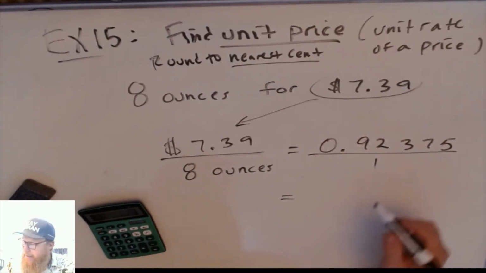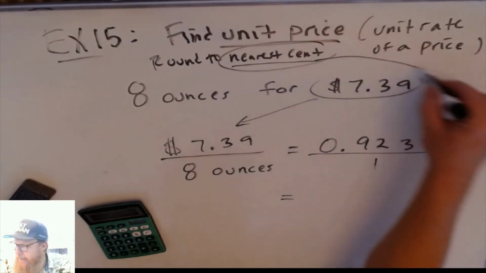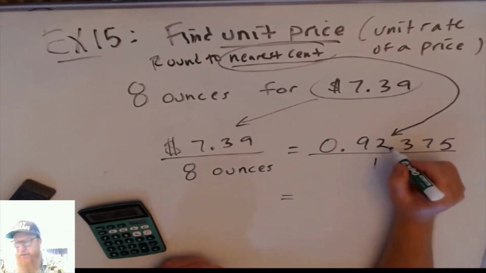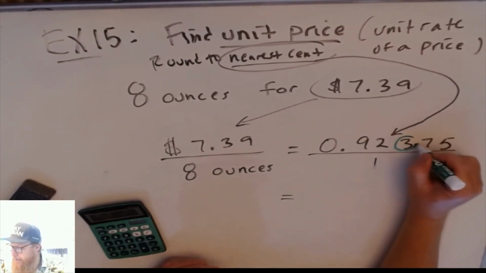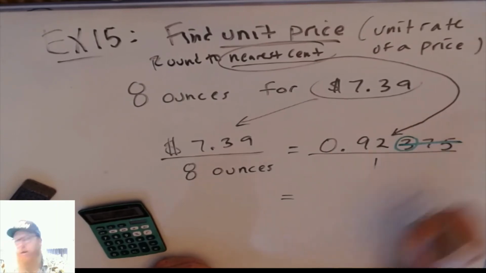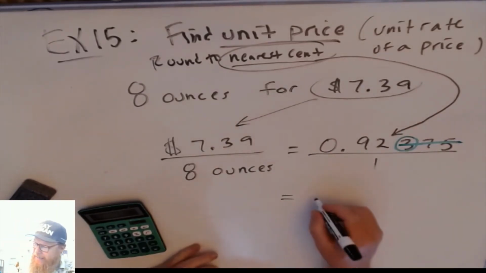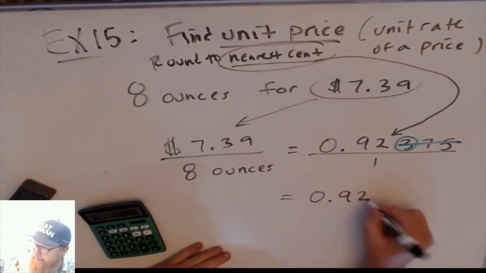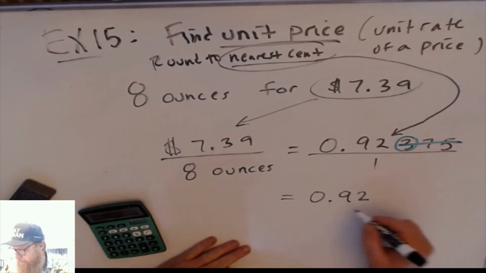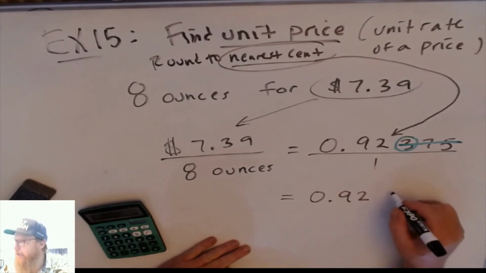And you're going to round this to the nearest cent. So this is your rounding digit. That's less than 5, so we're going to throw all those digits away, and we're going to say our price is 92 cents or 92 hundredths of a dollar.